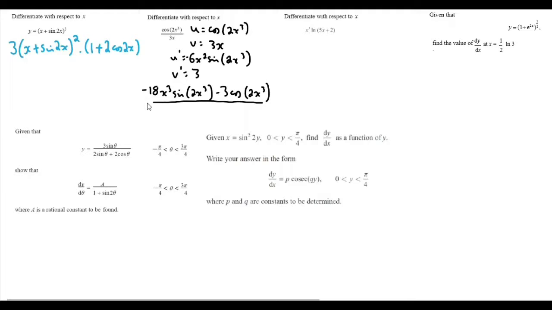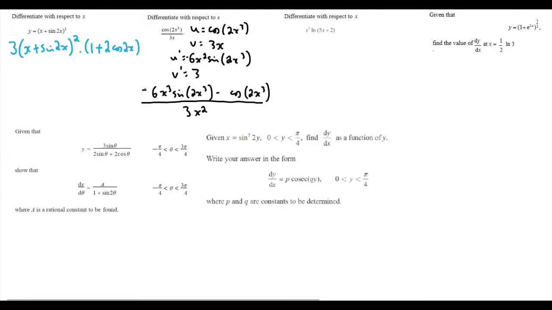This then is just over v squared, so that'll be 9x squared. This you could simplify slightly if you wanted. You can divide through by a factor of 3, so the 18 will become 6. The 3 is now just a 1, it's just no coefficient at all, and the 9 on the bottom becomes that 3.